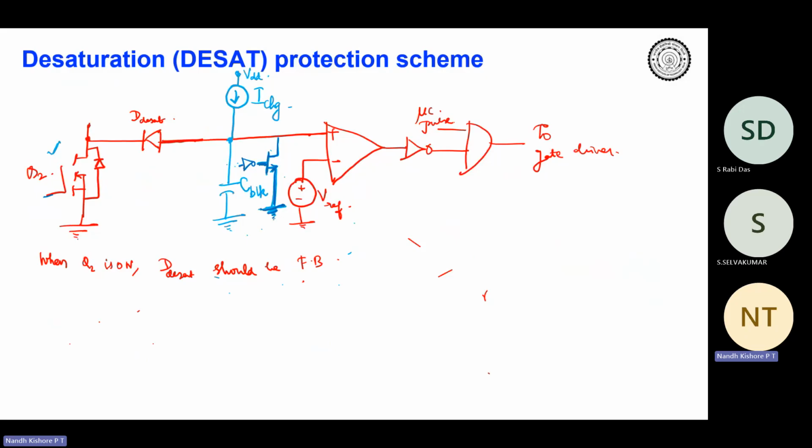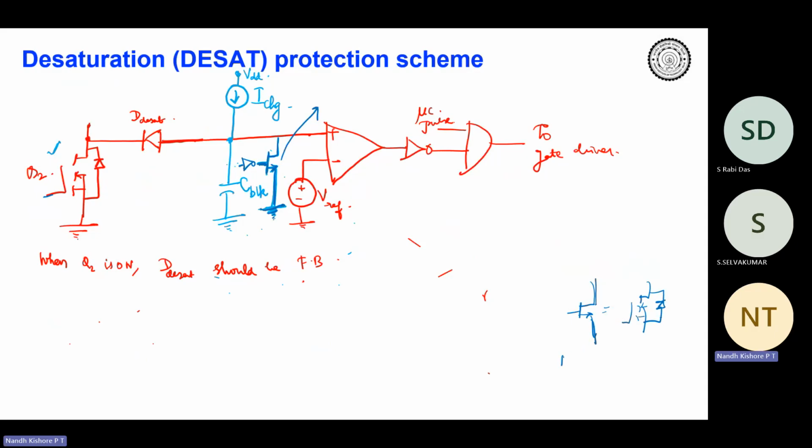The reason I'm calling this MOS and this a MOSFET is that generally we use the nomenclature of power MOSFET for power devices, and NMOS and PMOS for signal level devices. You can understand that this is a signal level MOS, so that is why the symbol is also different. Principally, both of these are the same.